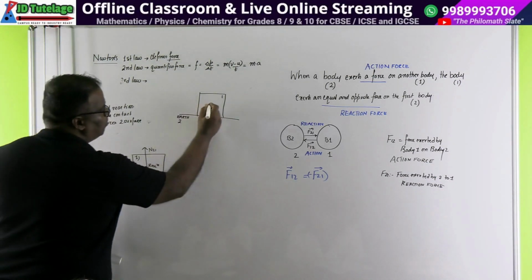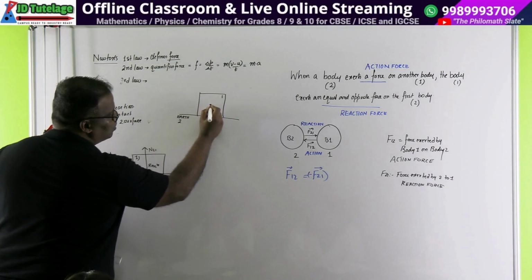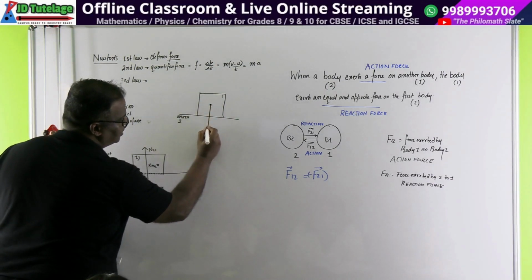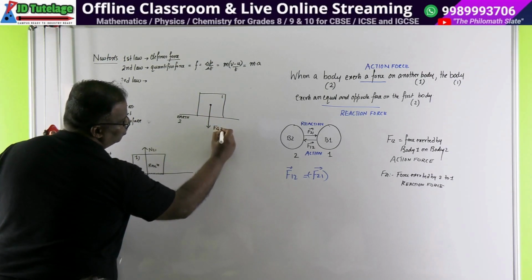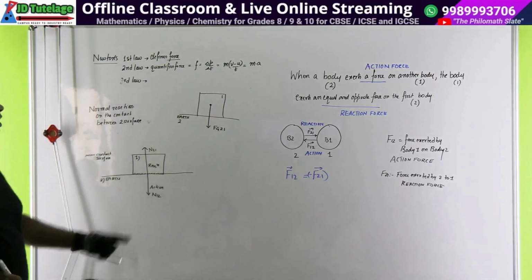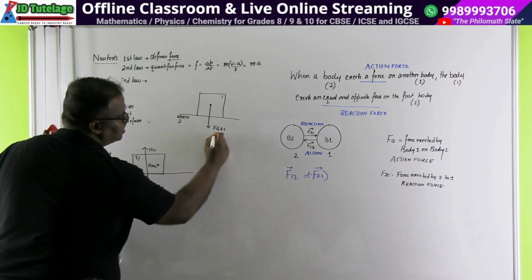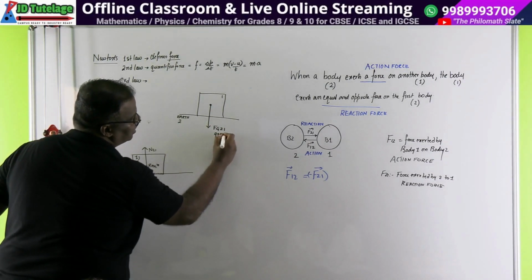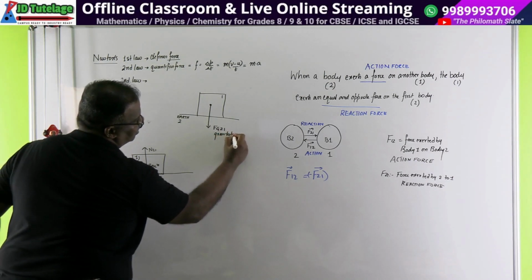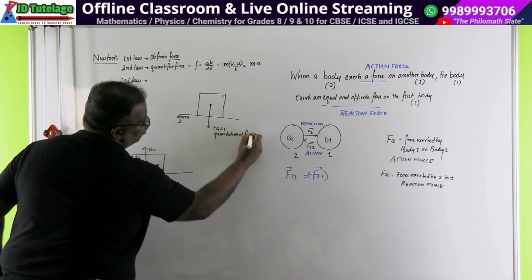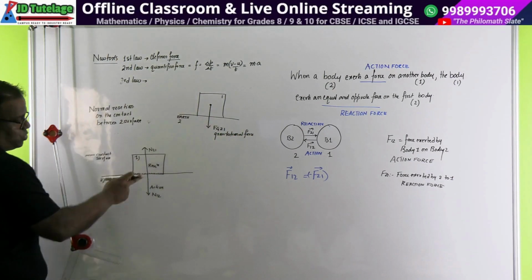Earth will pull the body with a force of gravity from its center. This is called Fg21, the force exerted by 2 on 1. This is the gravitational force. Observe where it is acting.